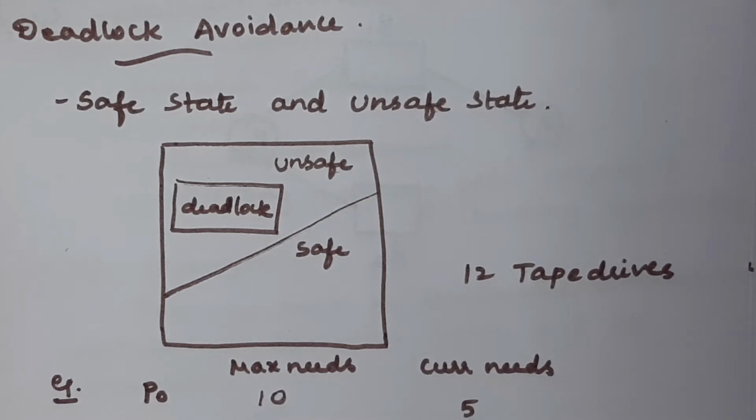In deadlock avoidance, the operating system has to keep some additional information about the process: how many resources it needs to perform its task, which types of resources it needs, and how many of each. All this additional information is required before allocating any resources to the process. This is what we need for avoiding deadlock.